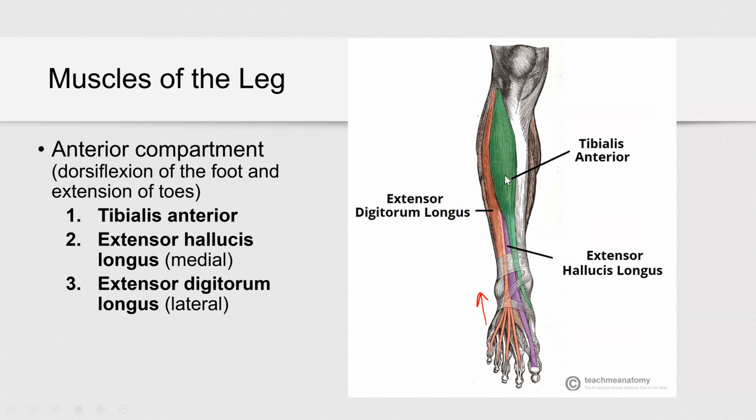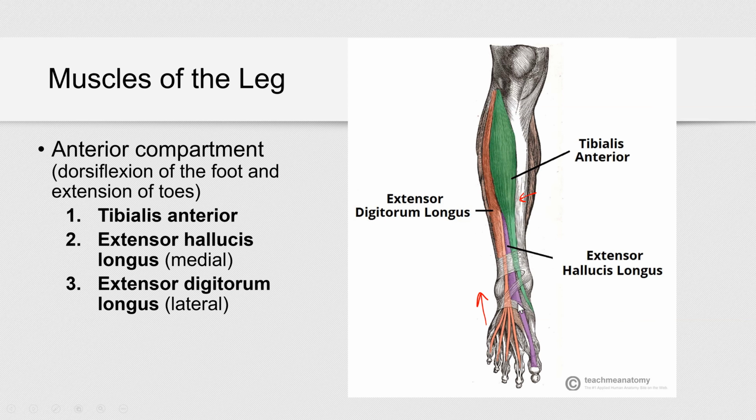Now, shown here in green is tibialis anterior. This bone is the tibia bone. That's why we have tibialis anterior, and we're moving to the lateral side from tibialis anterior. Next muscles, in purple over here, are extensor hallucis longus and extensor digitorum longus.